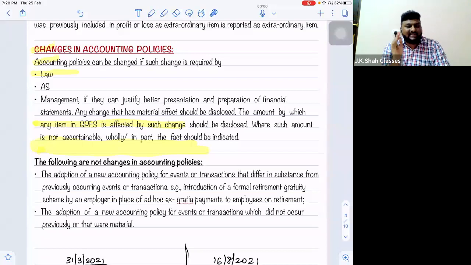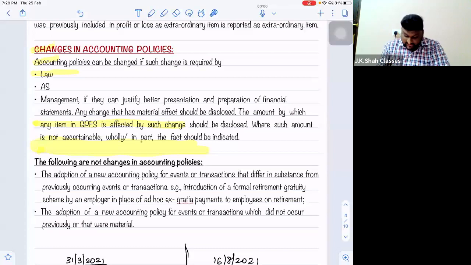Before we never gave pensions, we gave only ad hoc ex gratia. So now ad hoc ex gratia shifted to formal gratuity, but we also decided that we will give pensions. Now, can I say giving pension is an event or transaction which is new for the enterprise? So for these pensions, you will make some policies. So these are not called change in policies. Altogether, a new policy has been adopted.